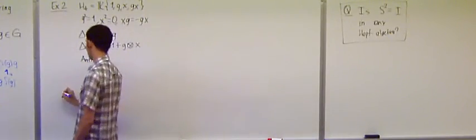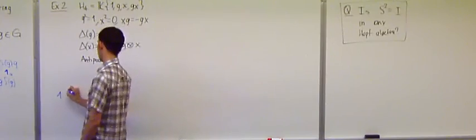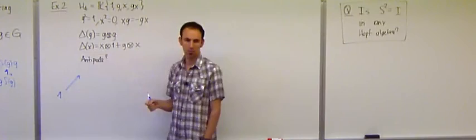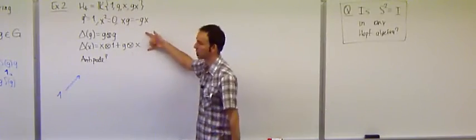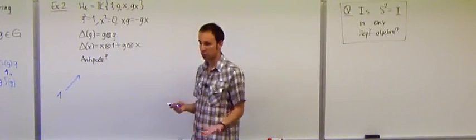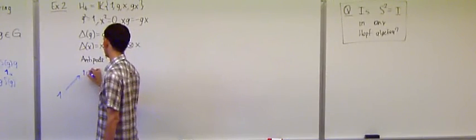Maybe the easiest element is 1. If I start with 1, then what is delta of 1? This is something you realize in the homework, that I didn't tell you what delta of 1 is, but if this is to be a bialgebra, then delta of 1 has to be 1 tensor 1, because delta is supposed to be an algebra map.